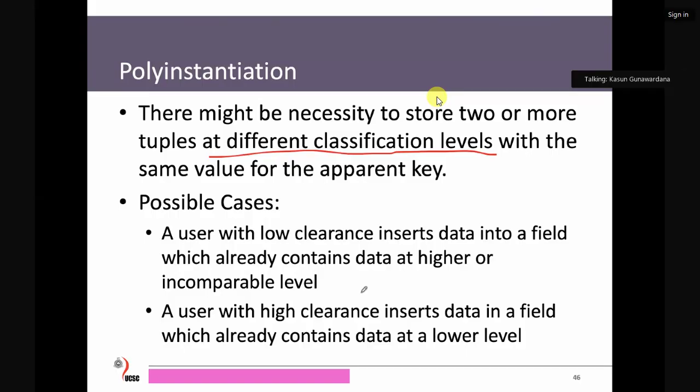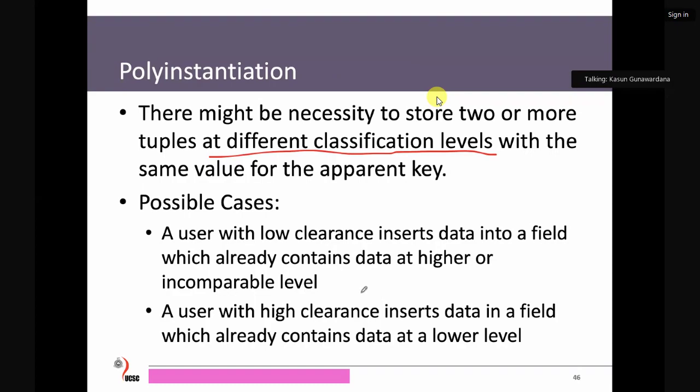However, at the time of inserting, the user doesn't know that the same tuple is already stored by a higher level user, perhaps at confidential level. It is not visible to the unclassified user because the user is at a lower level. So the unclassified user attempts to insert the data, and it will be allowed.